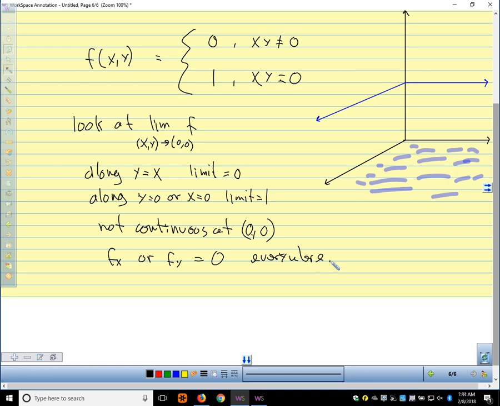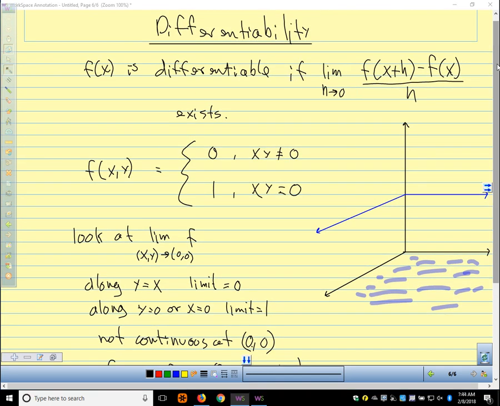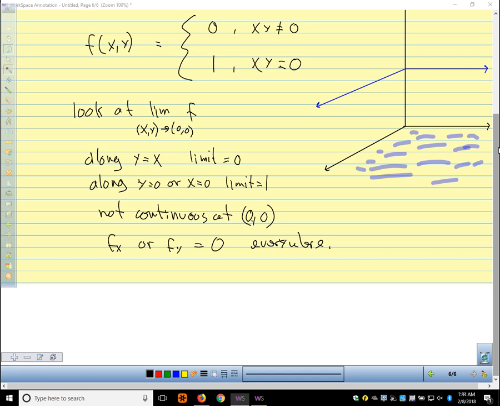So here we have a function where the derivative exists where it's not continuous. For multivariable functions, we get this strange thing happening where the derivative can exist at a point of discontinuity, or an infinite number of points of discontinuity. So just saying this limit exists is not enough to define differentiability, because we don't want a function to be differentiable where it's not continuous.